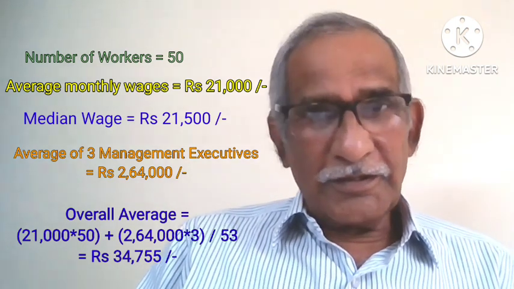The trade union people in such cases refer to median wage and expose the management for their wrong arguments, saying that 50% of the workers are having their wages less than rupees 21,500.